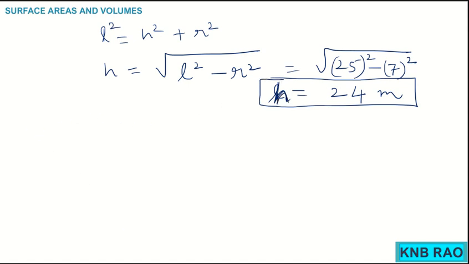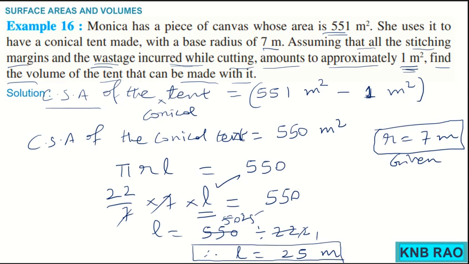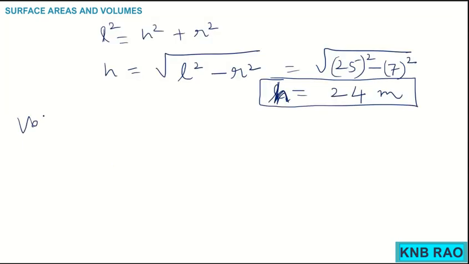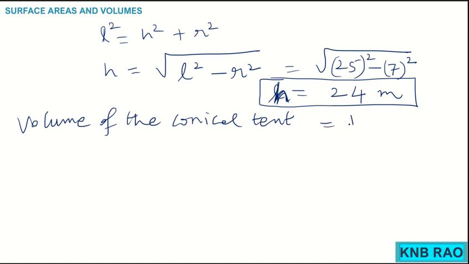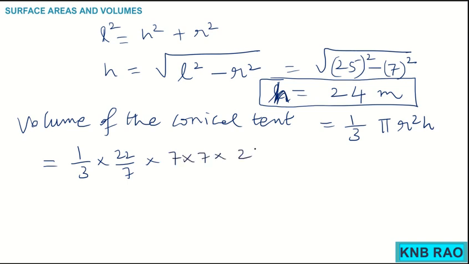So here in this question we are asked to find the volume of the tent. So the volume of the tent is found through the formula 1/3 pi r square h, where 1 by 3 into 22 by 7 into 7 into 7 into 24.